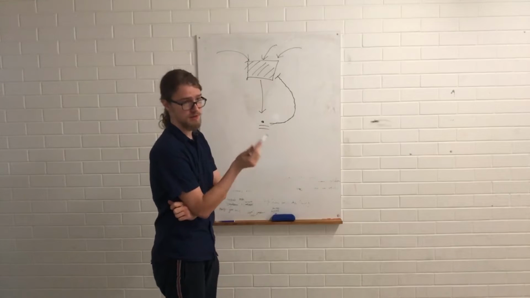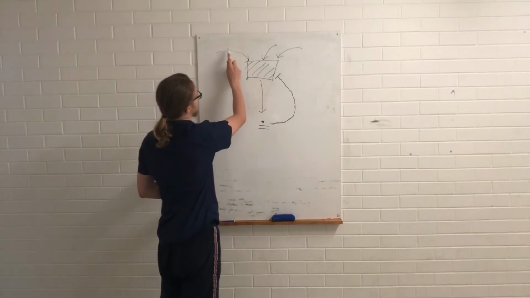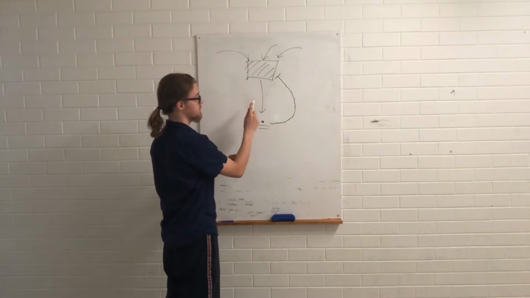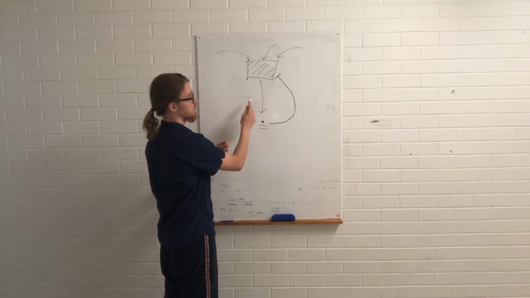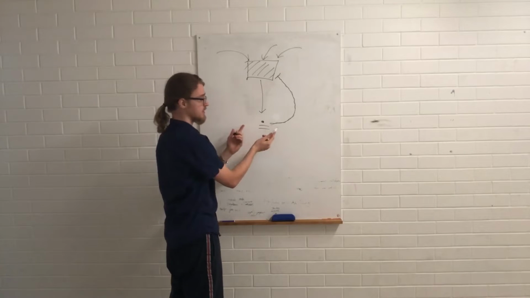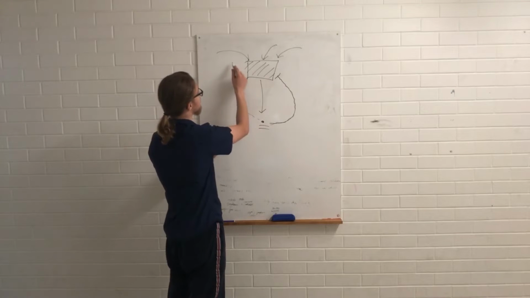Case in point, the lac operon. Lactose comes in, binds to the repressor protein, de-represses it, which expresses an enzyme that breaks down said lactose.